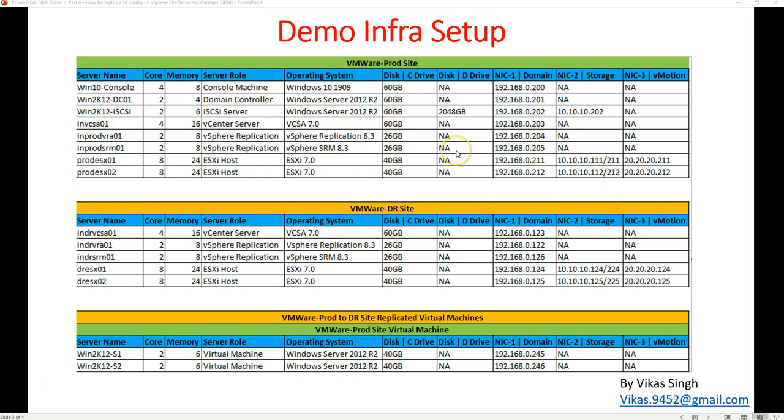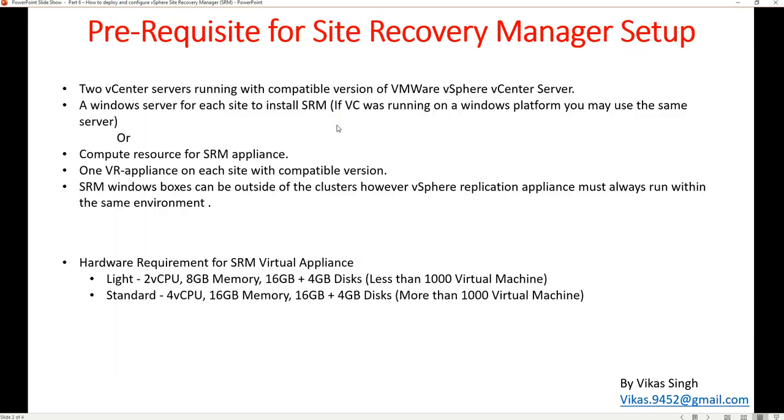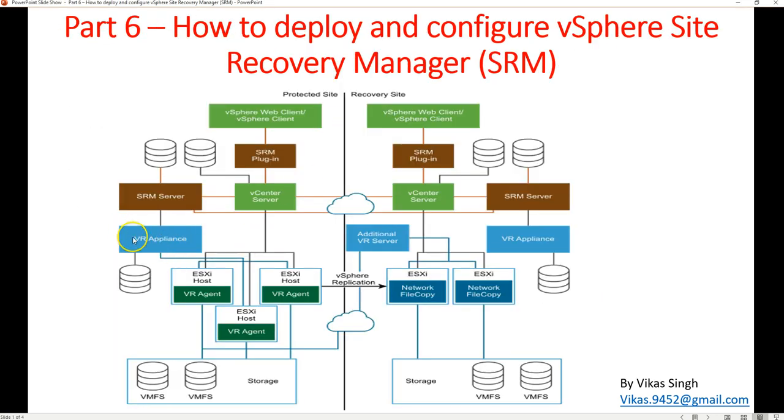So now basically we got this infrastructure up and running with the vCenter server with SRM and the replication appliance both at the production and protected side and the recovery side. So this is good.